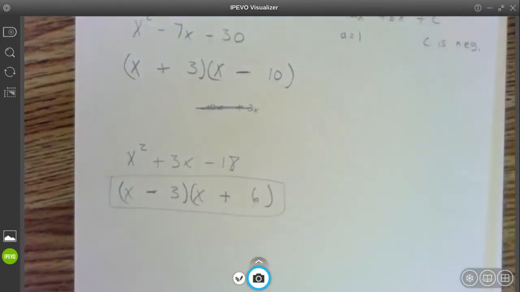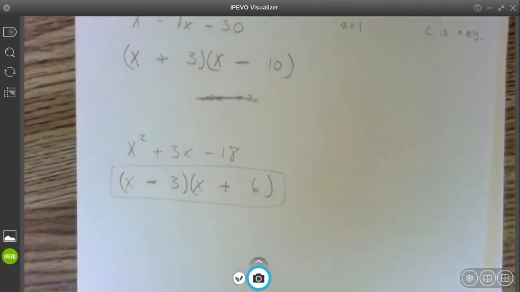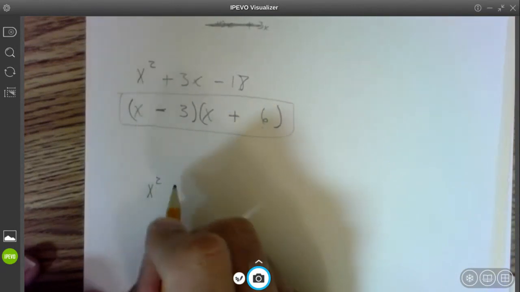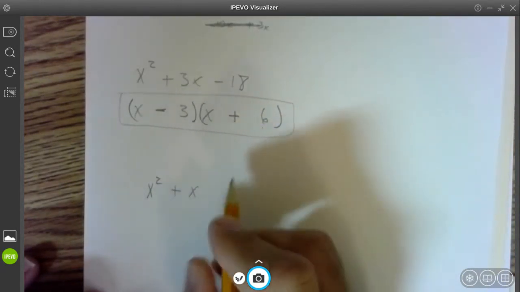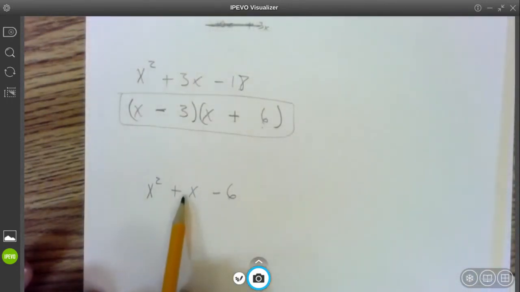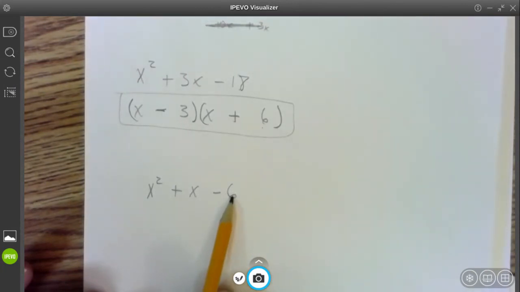What do I have next? This one, not much different, but a lot of people are not sure what to make of the middle term. Since the middle term doesn't have a number written there, that's just an implied 1. When we go to factor it, we want two numbers that multiply to 6 and subtract to give us 1.